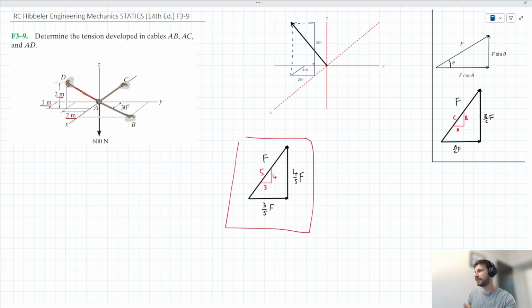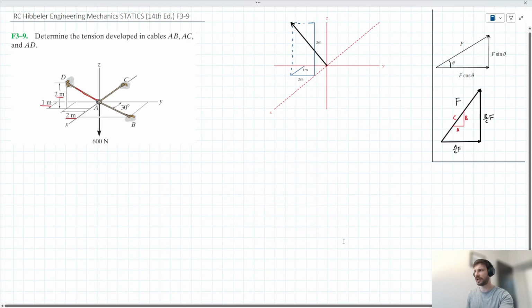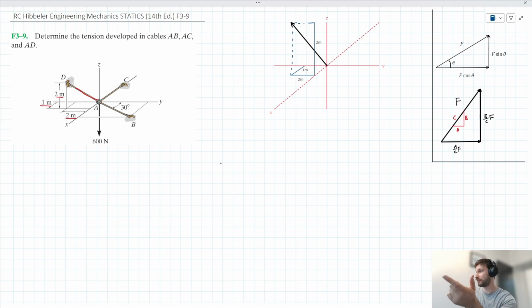I've recreated this here. I want you to ask yourself, if we have a vector that looks like this in 3D space, how do you determine its magnitude? Pythagoras' theorem works just the same way as you'd expect in 2D space.